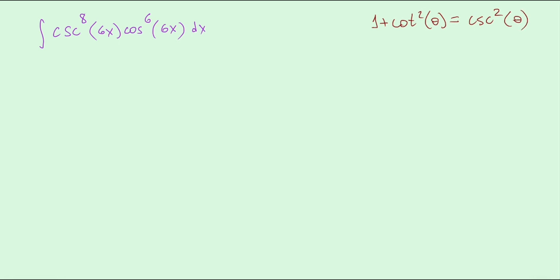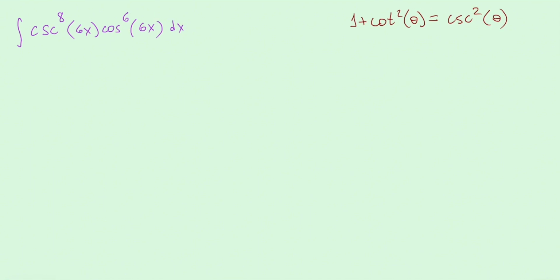In order to use this identity, we'll have to write this function in terms of cosecant and cotangent. To do that, let's remember which trig functions we use to represent cotangent. So cotangent would equal cosine over sine of x.